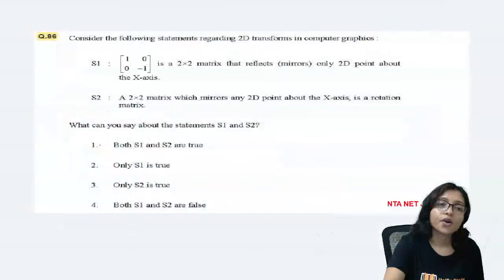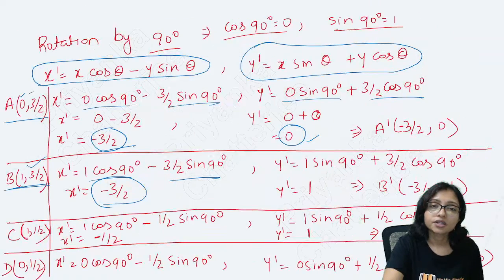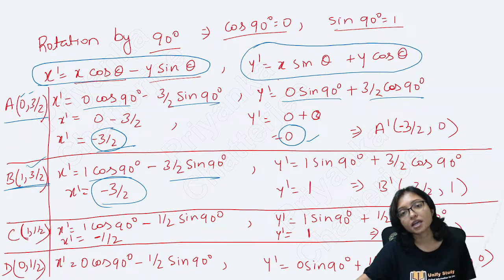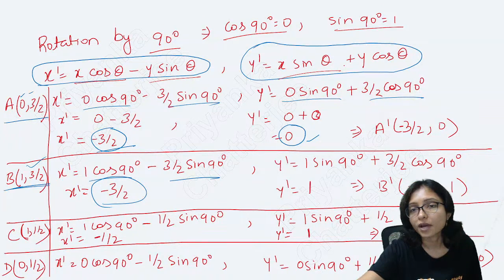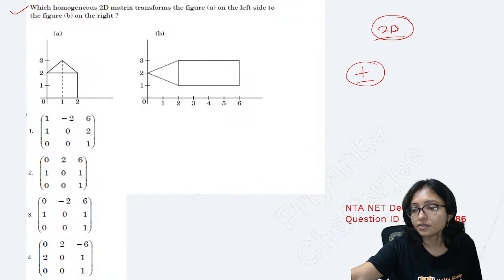Okay, clear? So that's why I did this one. X cos theta minus y sin theta and x sin theta plus y cos theta. Yes. What will be the answer for this one?